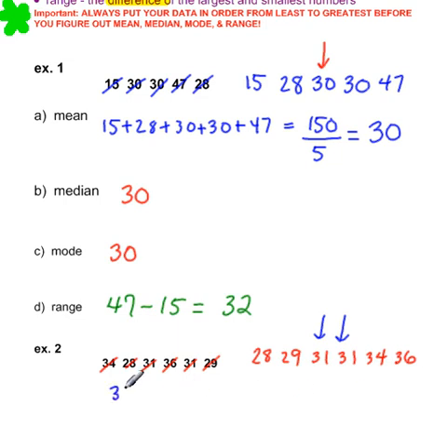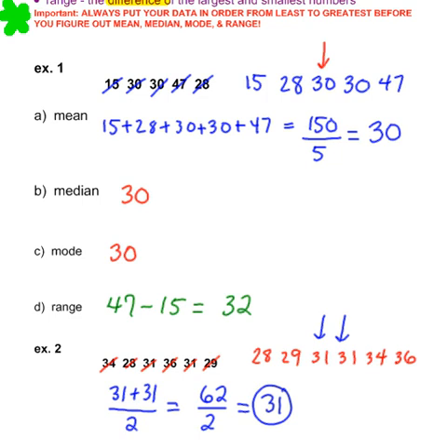I'm going to take the 31s and add them together, and we're dividing by the number of numbers that we're adding, so we're dividing by 2. 31 plus 31 is 62. We take that sum and divide by 2, which gives us 31. So for this data set, our median is 31.